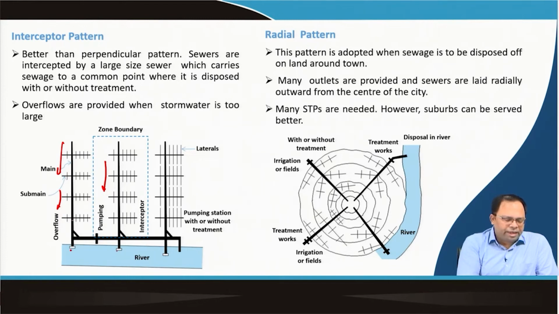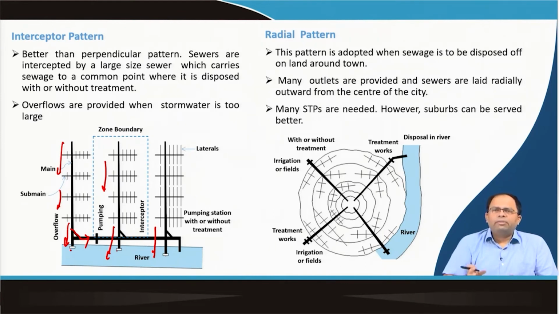That means during rainy season the sewage flows directly into the river. But during other seasons, the sewage does not go this way, it goes like this, and to do this we use different kinds of weirs. It is called a jumping weir, so that at a certain level the water goes in this direction. When the water rises, the excess water jumps into another direction, or it just falls over.